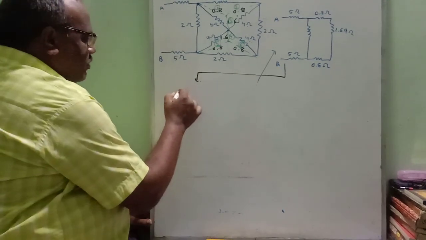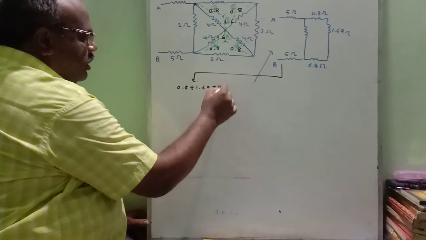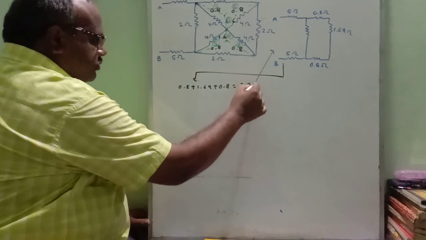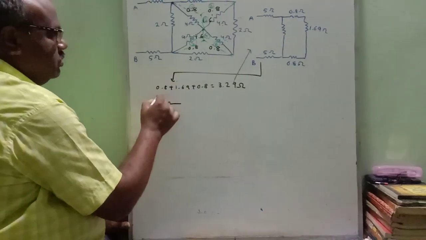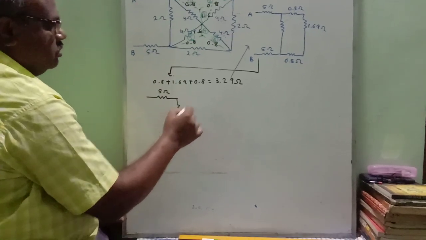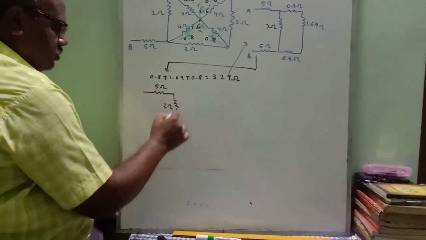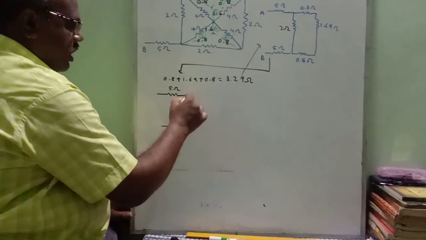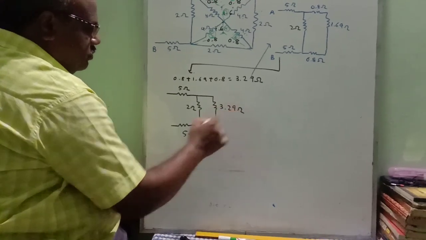So you are getting 3.29 ohm. So in between these two, this is 5 ohm, this is 2 ohm, this is 2 ohm, and this is your 5 ohm, and this will become 3.29 ohm.